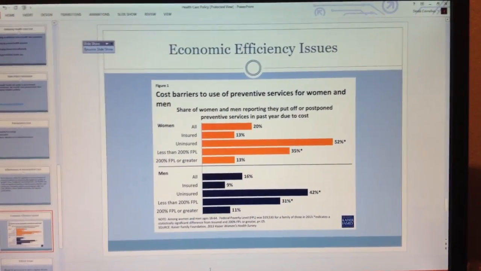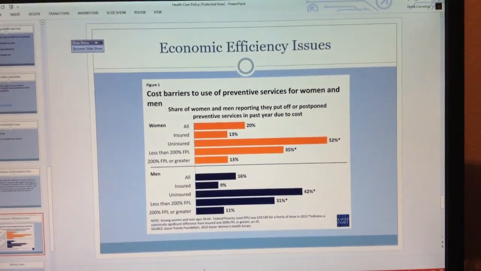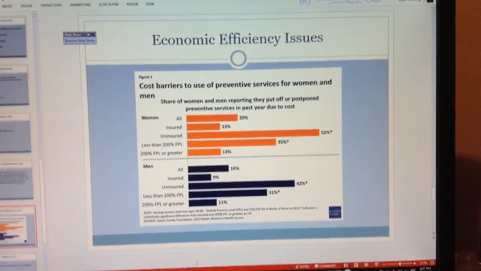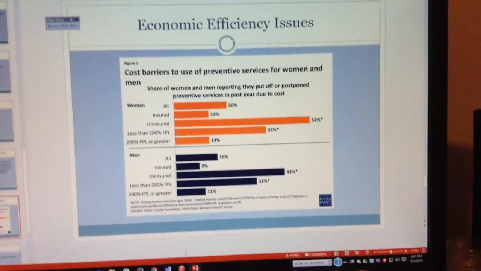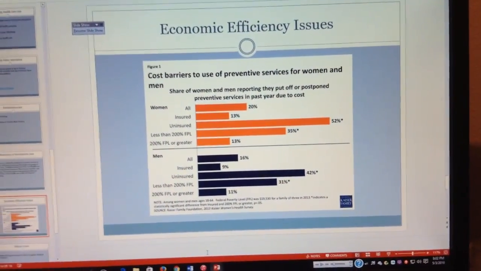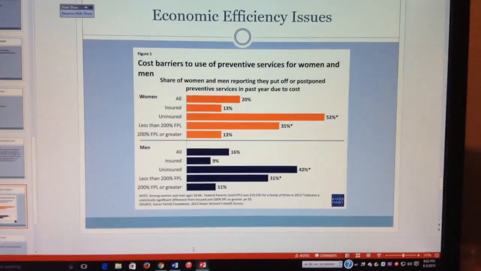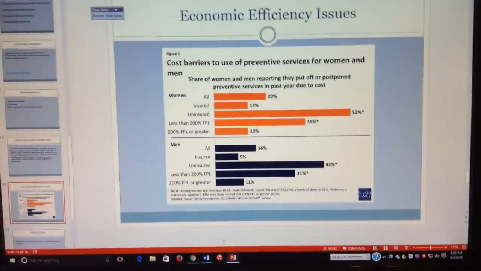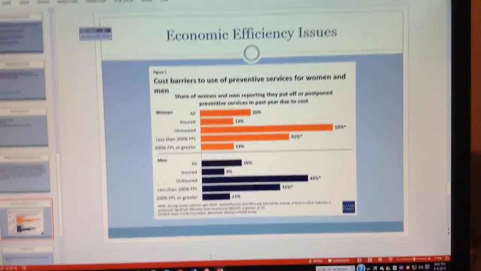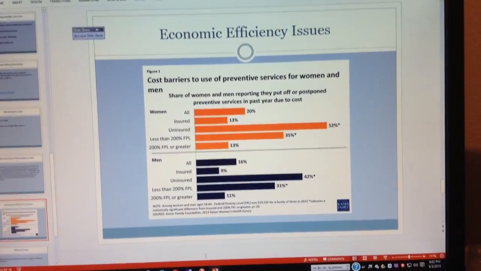But if they did receive this preventative care, it would often cost less in the long run because it could potentially prevent a chronic disease, cancer, or some other illness that maybe doesn't have any symptoms right away. And so what it's talking about here is that prevention lowers healthcare costs.